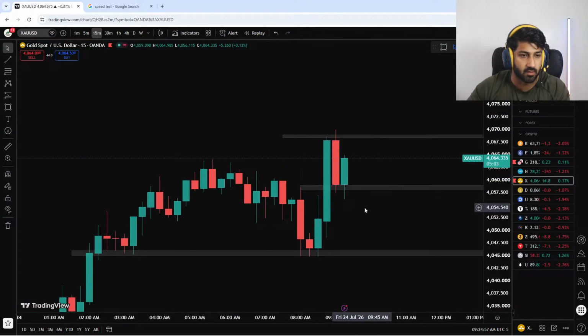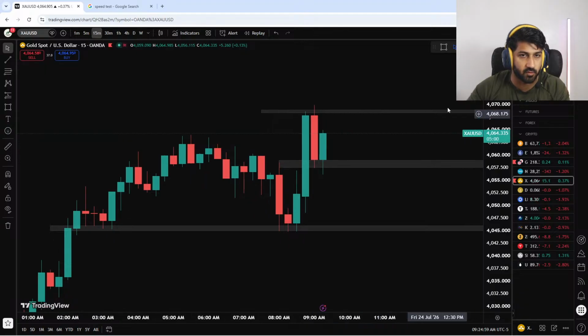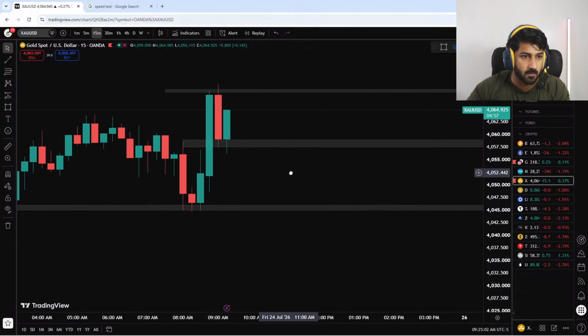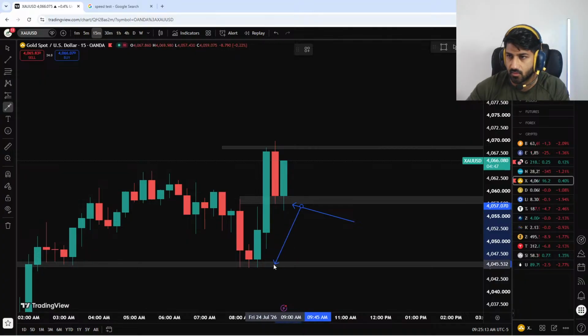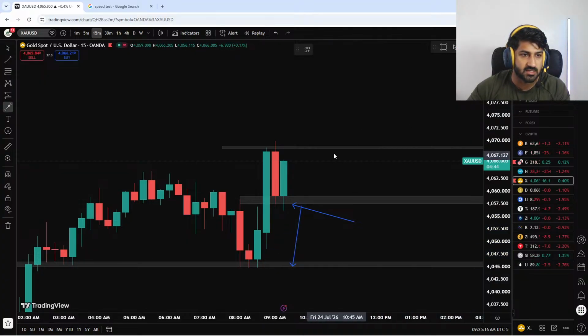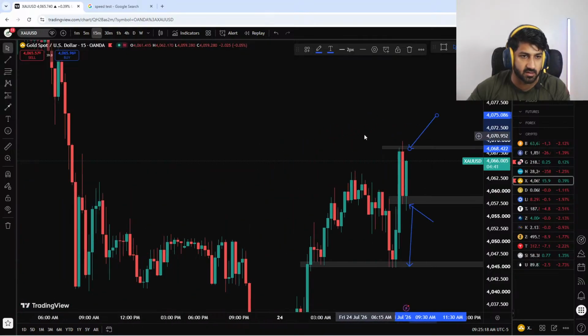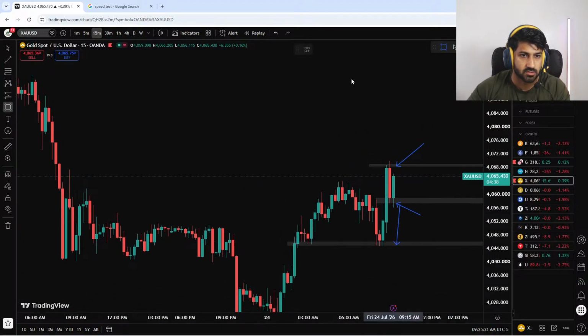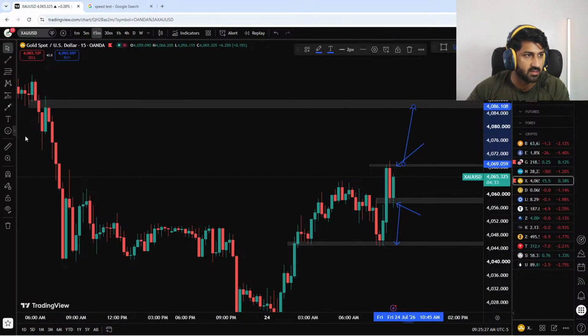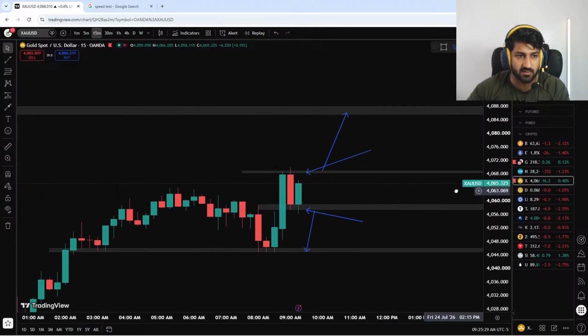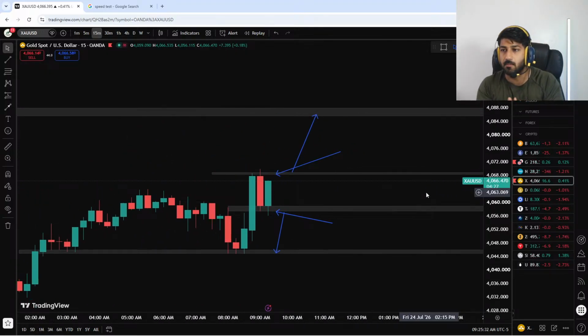As of right now, what I would be looking for is for price to either close below this area to continue to go down and test these lows, or price to break above this area to continue to push up to these highs here. Either way, I will have to wait for price to give us a better direction and then anticipate my move.